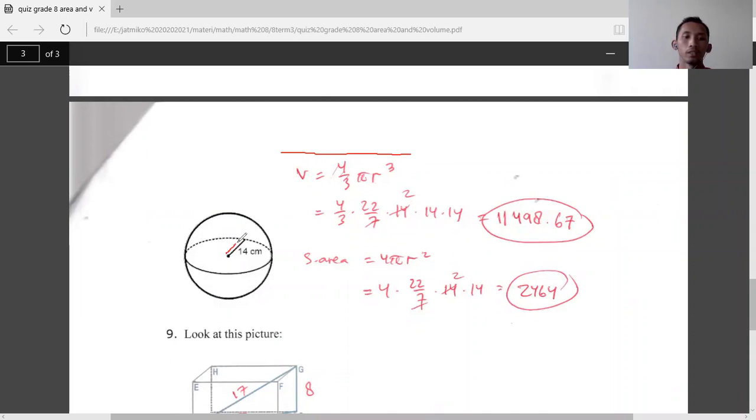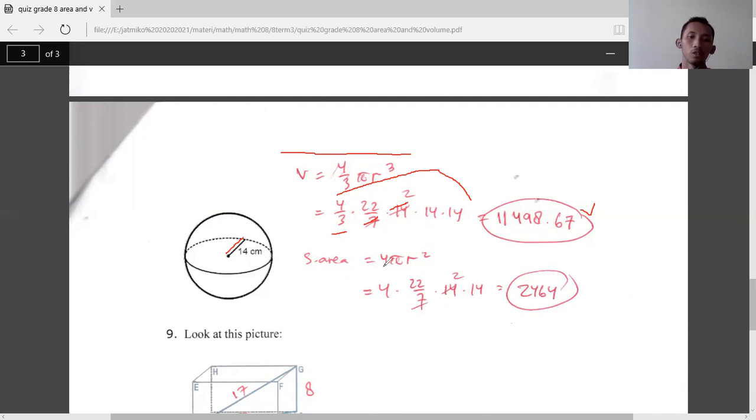From where? Here. R. I can simplify this one. 7 with 14 becomes 2. And then I just need to multiply everything here, divided by 3, equals this one. Most of you are correct. Only some of you still use 3.14.